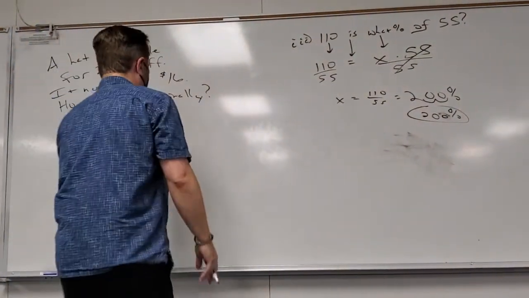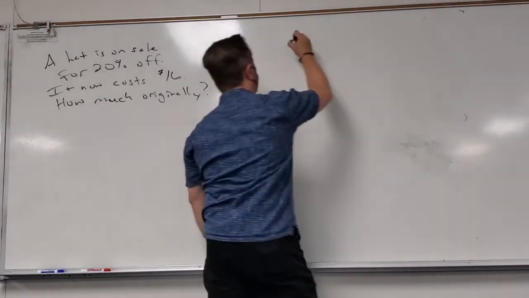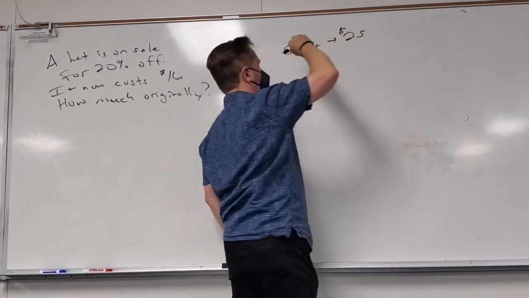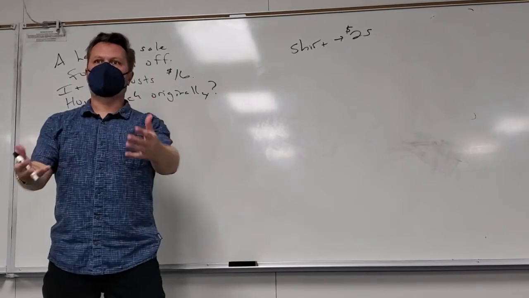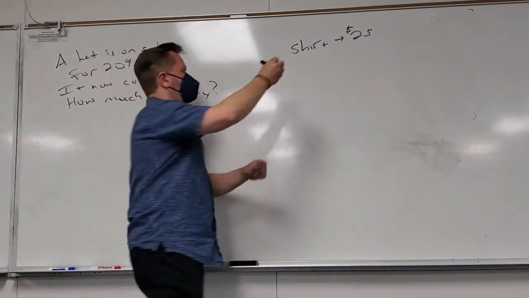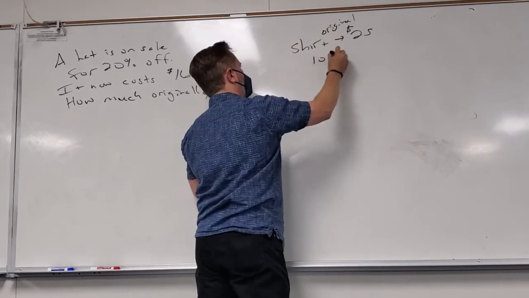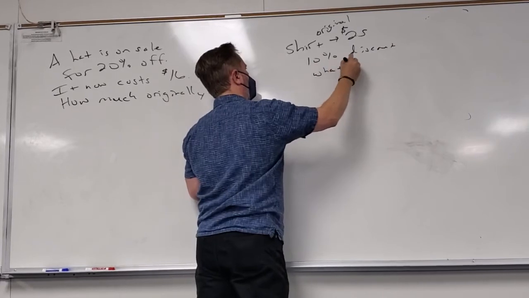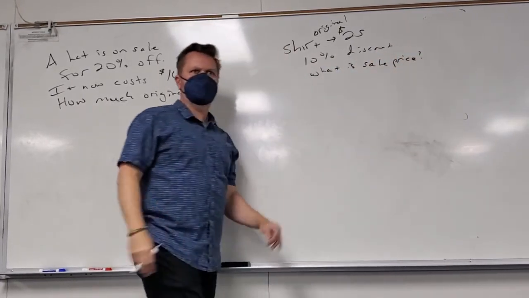Let's do a concrete problem here, real quick. I got a shirt, it costs $25, and it's on sale for 10% off. How would you figure out the sale price? This is the original, with a 10% discount. This is a normal, straightforward, no algebra required problem.